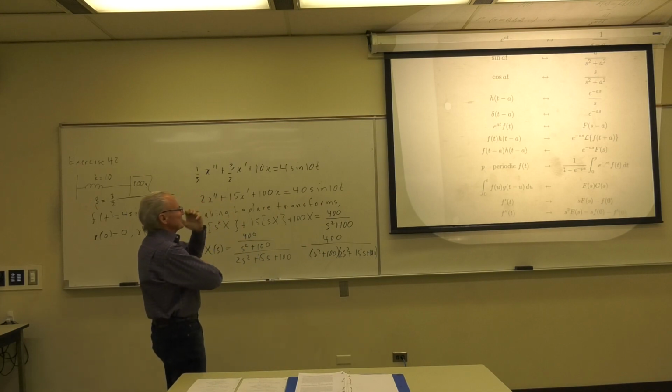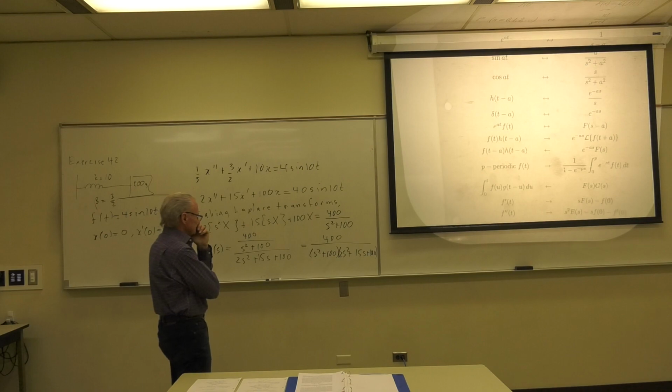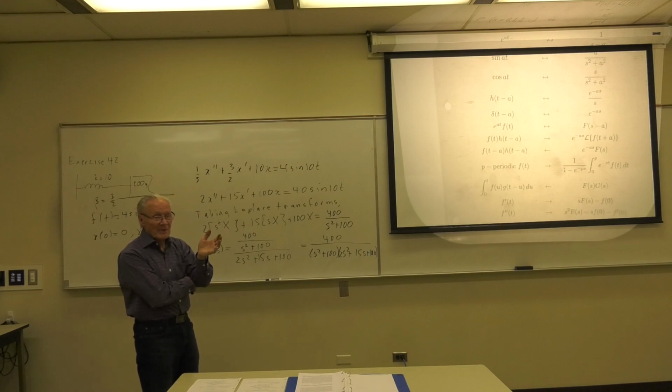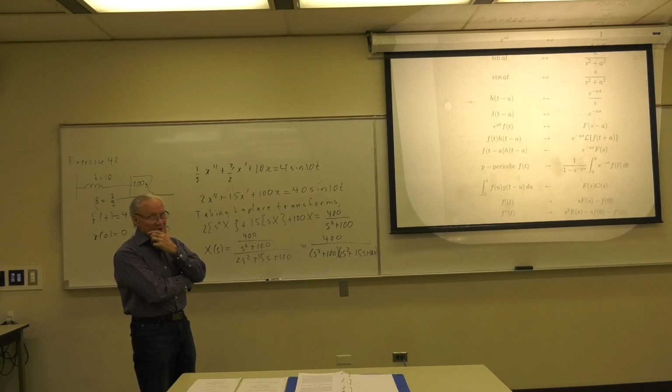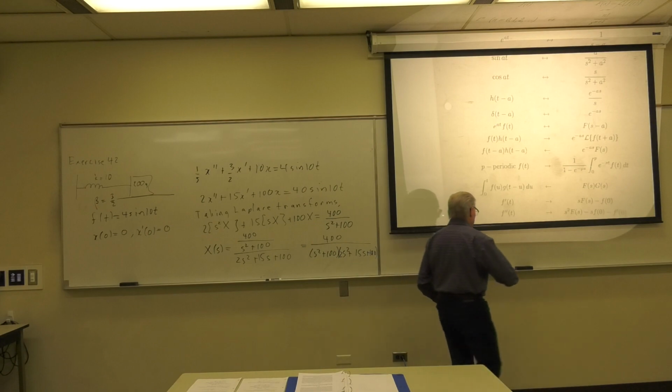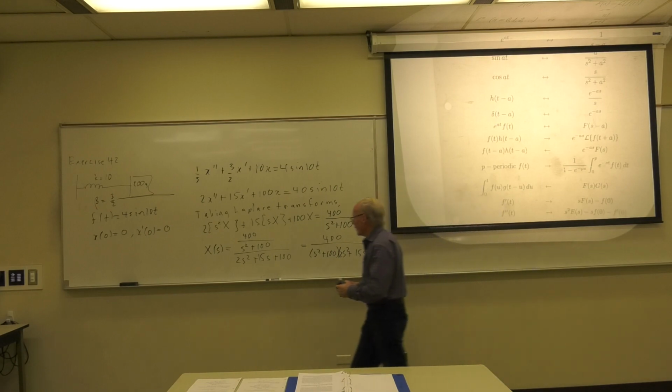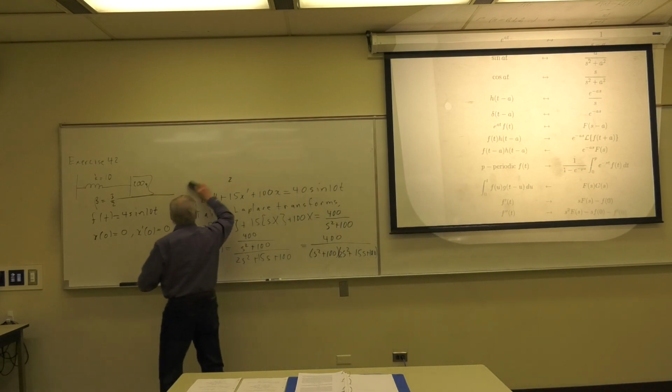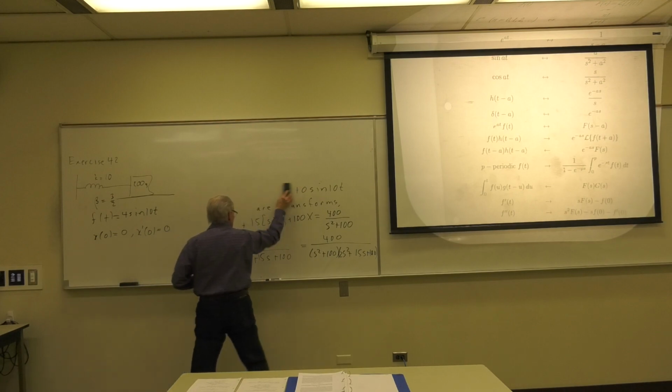So all we have to do is invert, which means partial fractions. I don't want to go through all that partial fractions. I'm going to tell you to do it, and I'm going to write the answer up here.